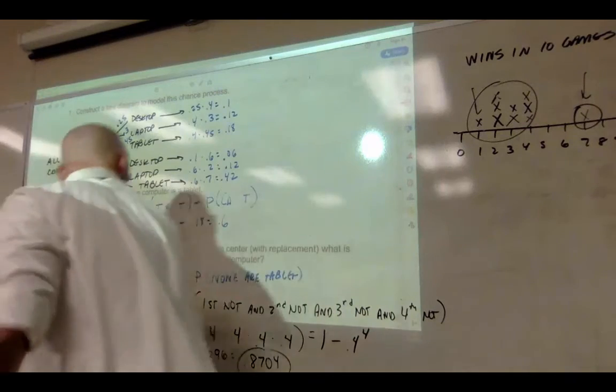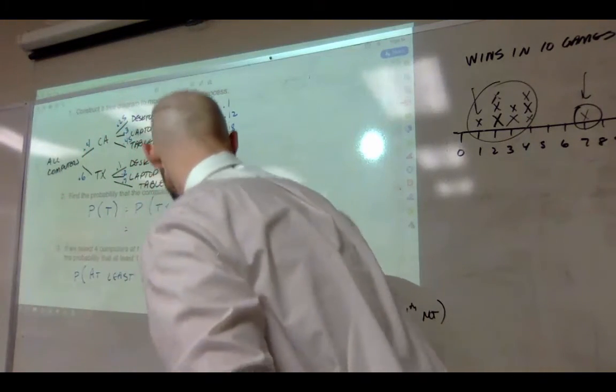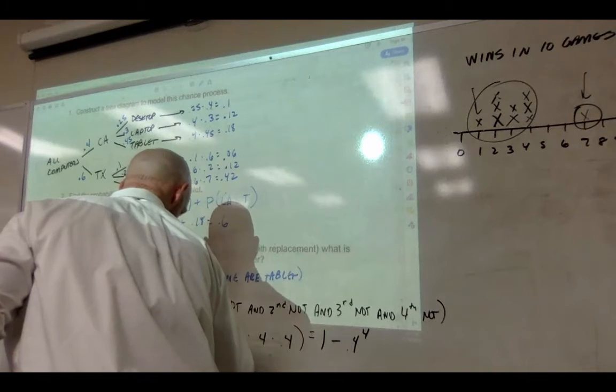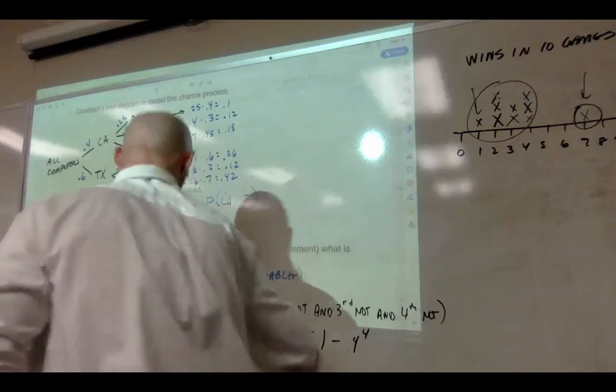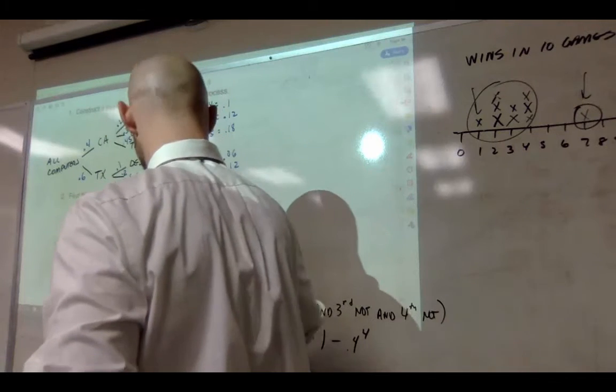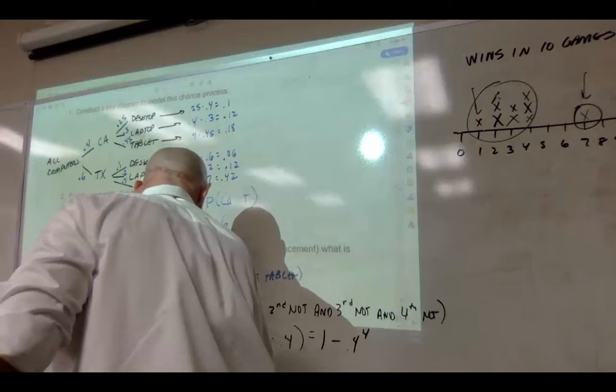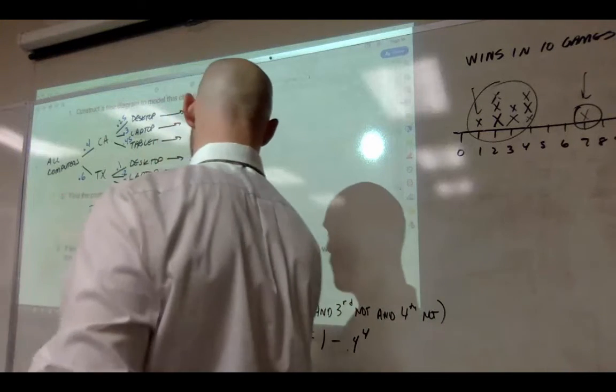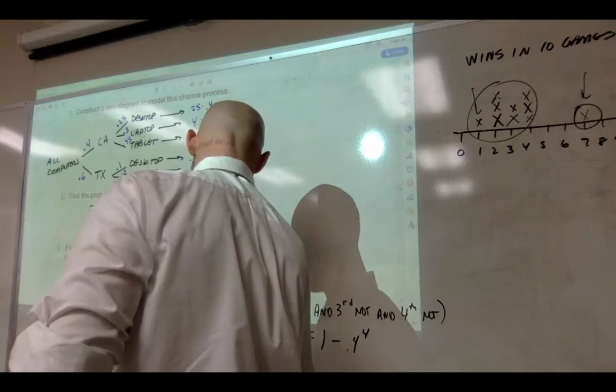Oh, I see what you're saying. So this is 0.0256. That's not the final answer. You subtract it from one. That's 1 minus that, which is 0.9744.